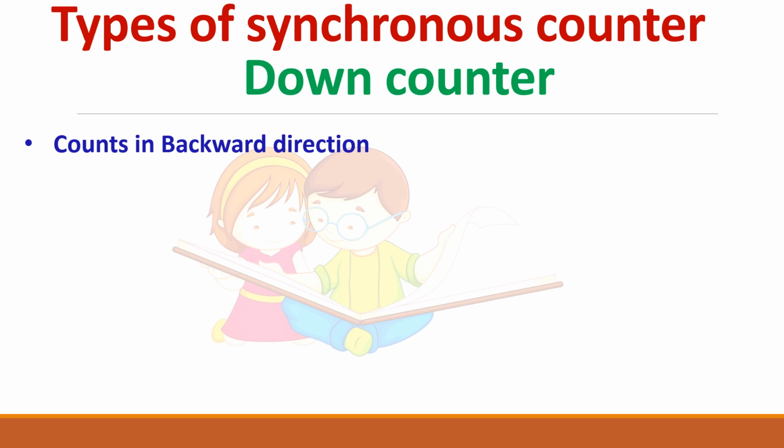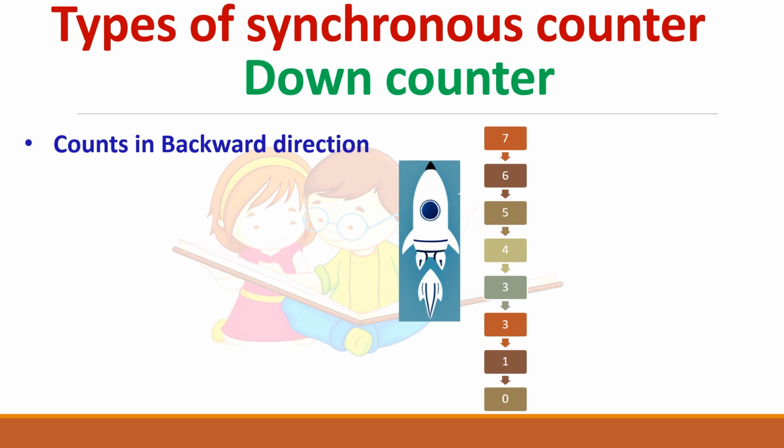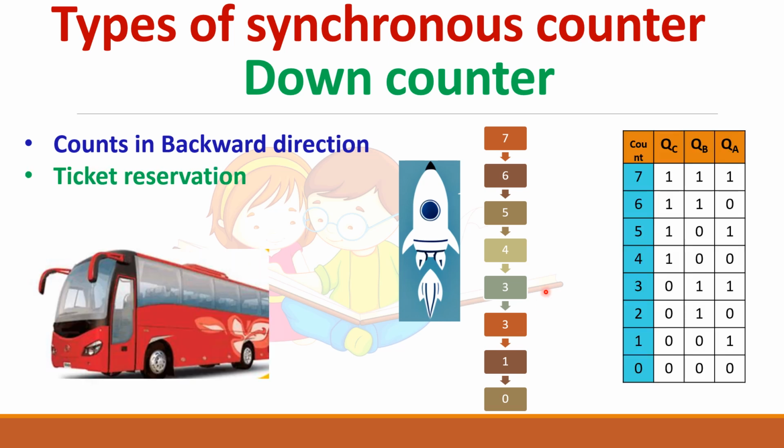For the down counter, you remember the rocket. When we launch a rocket, we always do down counting from 10, 9, 8, 7, 6, 5, 4. That is, you will do backward counting. Or you can also remember ticket reservations. Initially, when 100 seats are available, it will show 100.